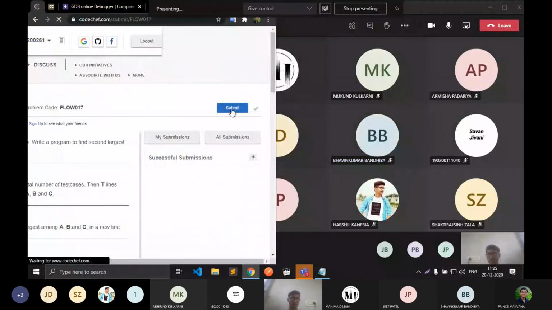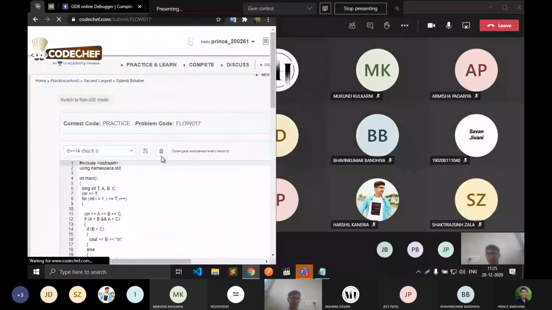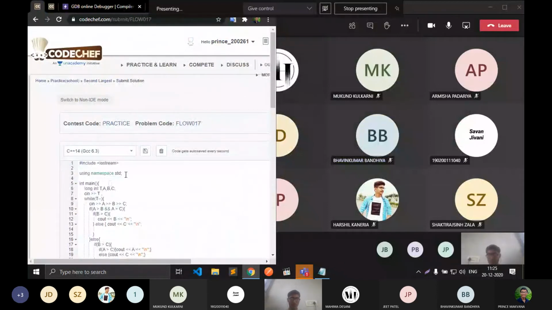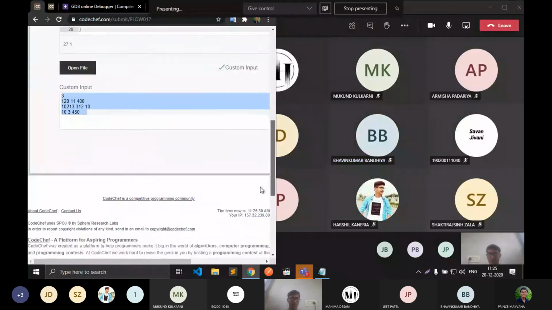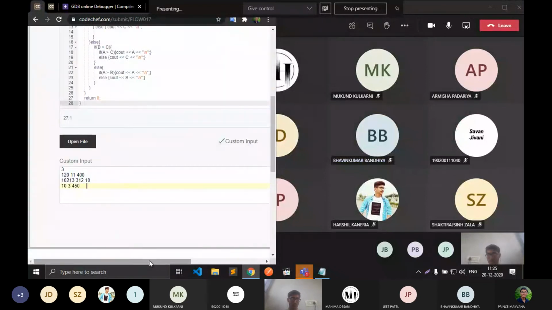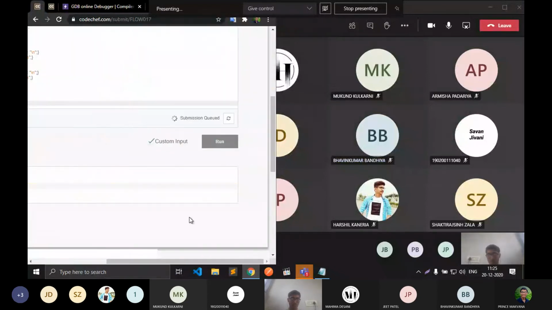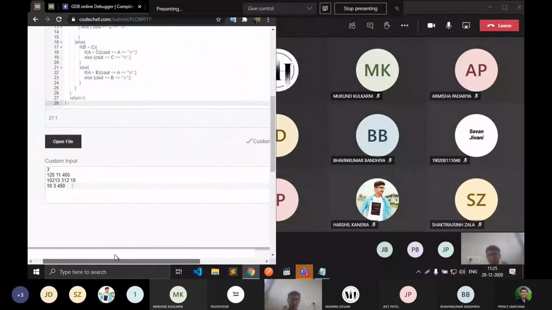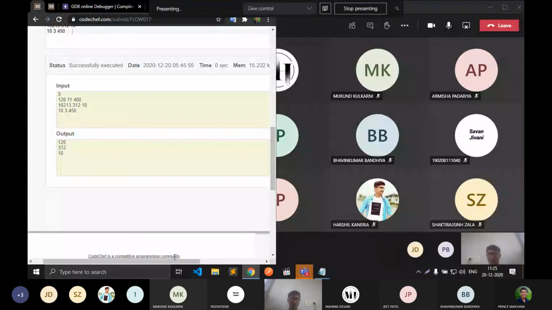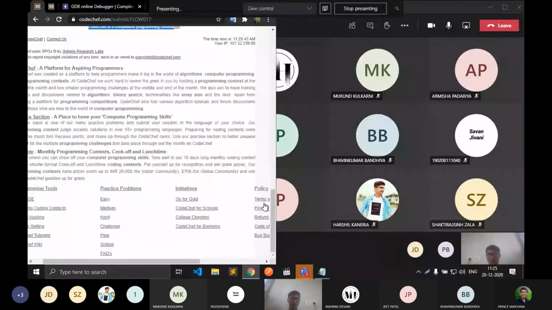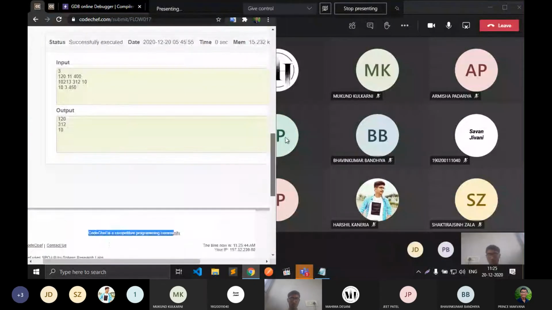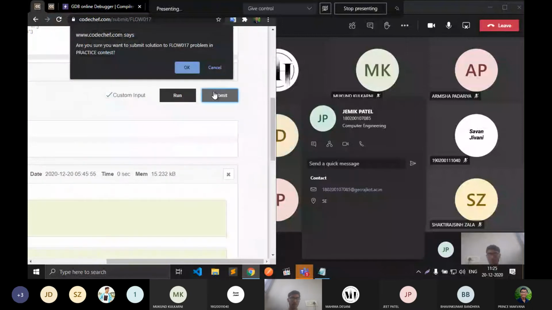I want to submit in C++, Control V, and this is my custom output here. So run once. Yes, it is executable. Okay, so it is ready to submit.